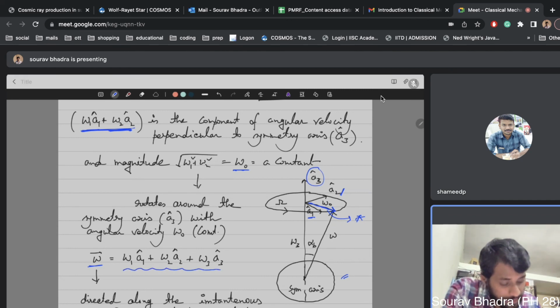So you can see in the picture, this is that vector omega, which is omega 1 a1 plus omega 2 a2 plus omega 3 a3. Okay, and it is clear that in the figure it is making some angle alpha with the symmetry axis a3 cap. So that means it can precess around that symmetry axis. So precession means, okay, just a second.